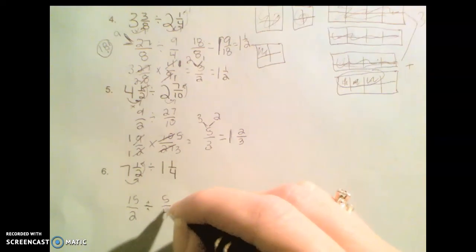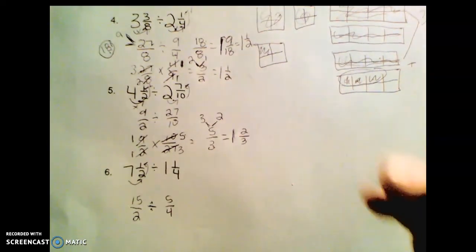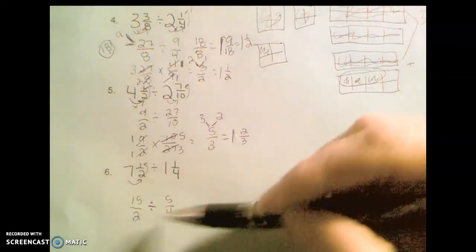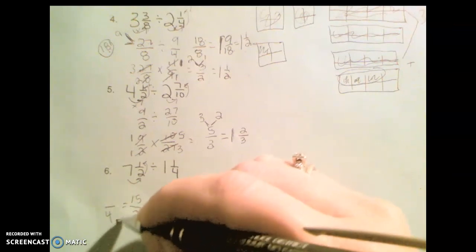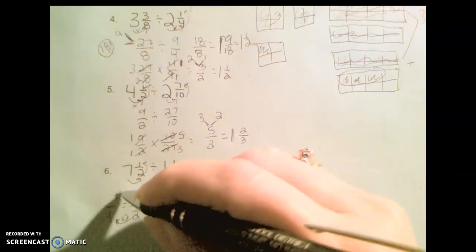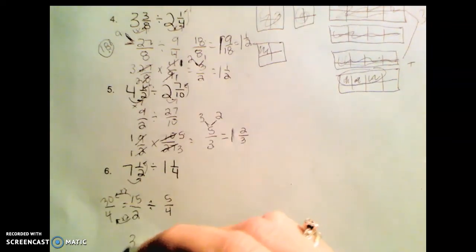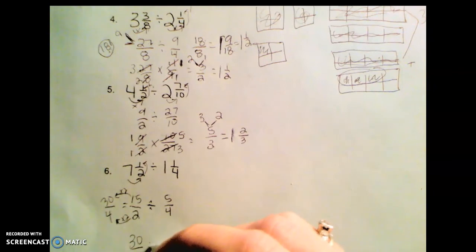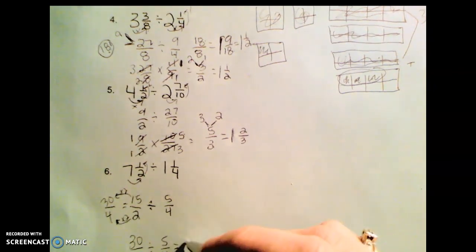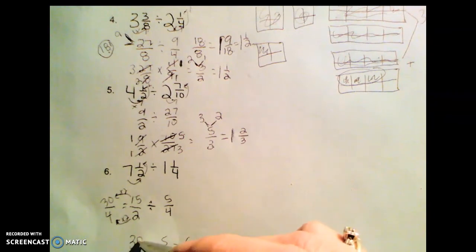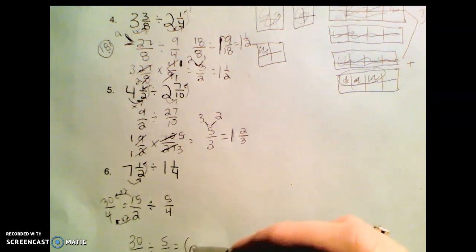So we have 5/4. This one might not be a bad one to unitize and just do it out of fourths. So if I wanted to change 15 halves to be out of fourths, I would have times 2 over times 2, so that would be 30/4. So if I have 30/4 divided into groups of 5/4, that means I would have 6, because 30 divided by 5 is 6.